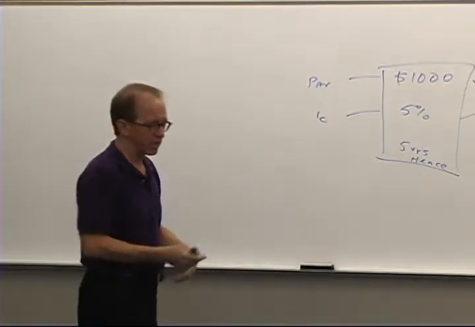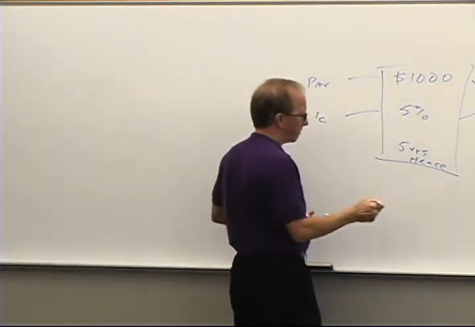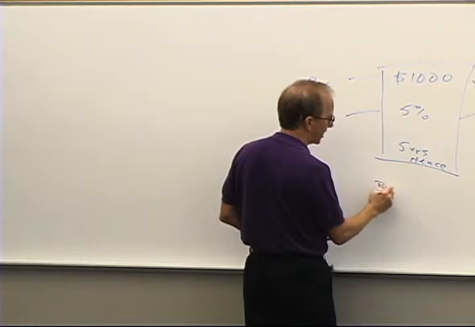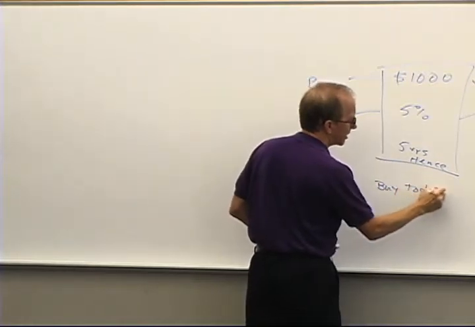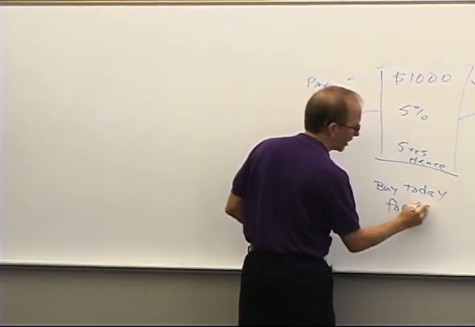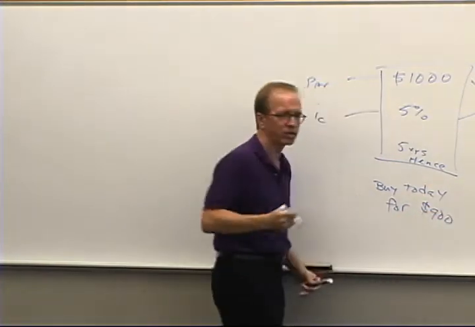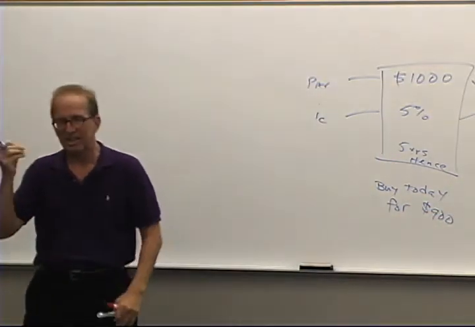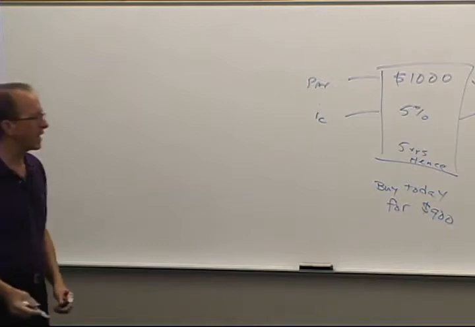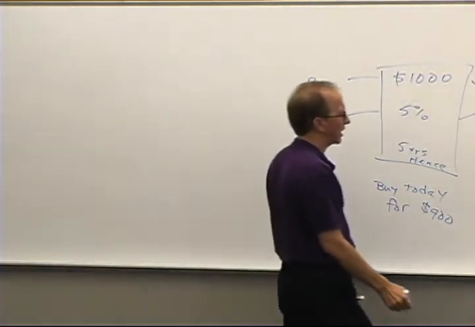If you buy that bond today, hypothetically, buy today for, and just an amount of money, let's say $900. You purchase this bond, you write somebody a check for $900 right now. Now we have the information. Here's our capital gain.